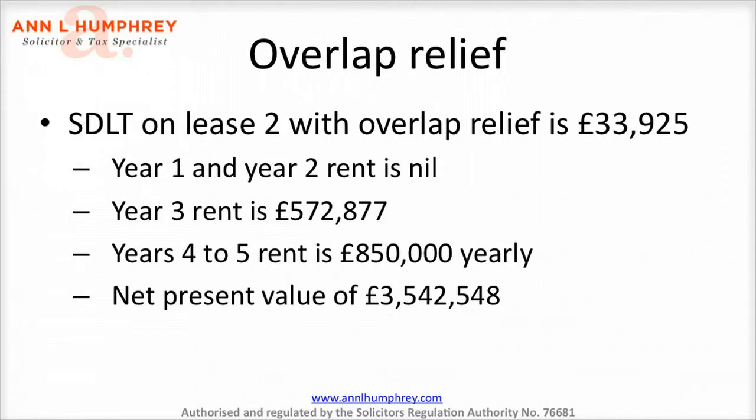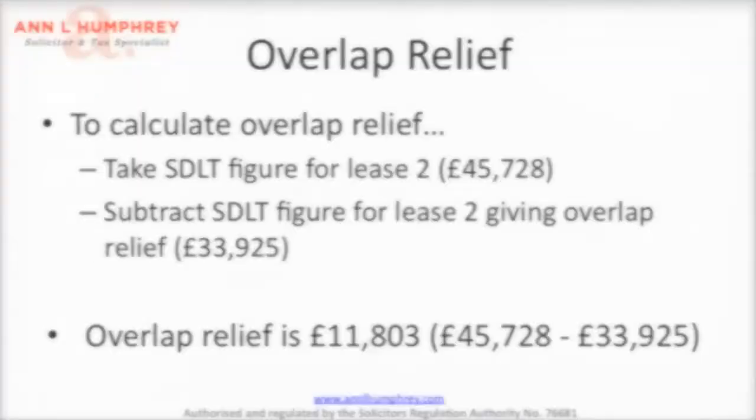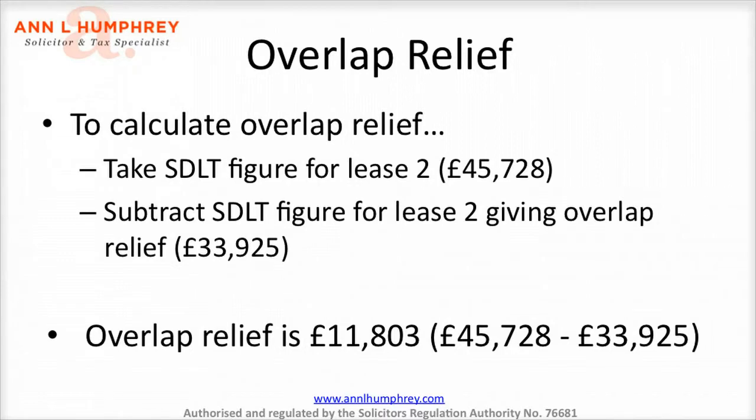The net present value is £3,542,548. To work out the overlap relief, you need to take the stamp duty land tax figure for Lease 2 and take away the figure for stamp duty land tax giving overlap relief, and this provides the overlap figure for the new lease. The overlap relief in this example is £11,803.